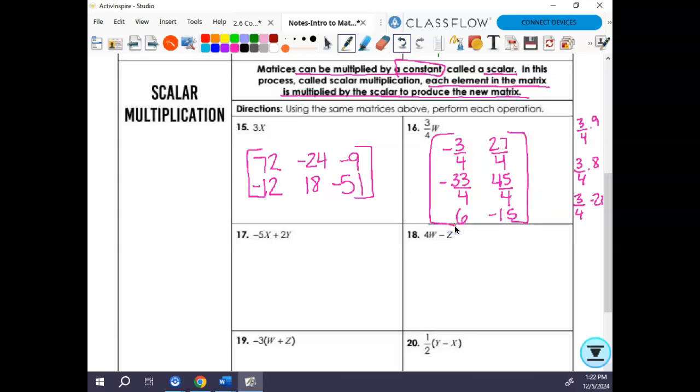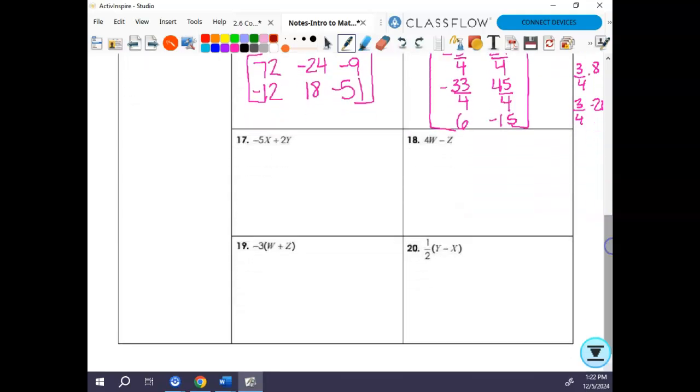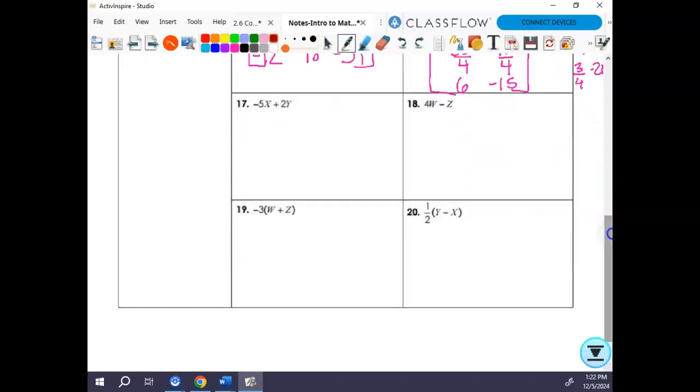Okay. Sometimes you're going to have more than one step. So on 17, we have more than one step. We have to multiply each one by a scalar and then add them together. So if I need to do that, I'm going to start with the negative 5 times x. So what's 24 times 5?